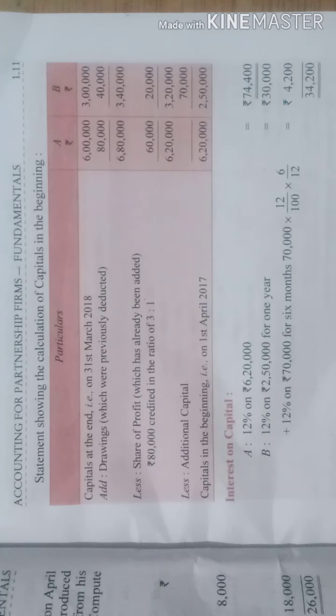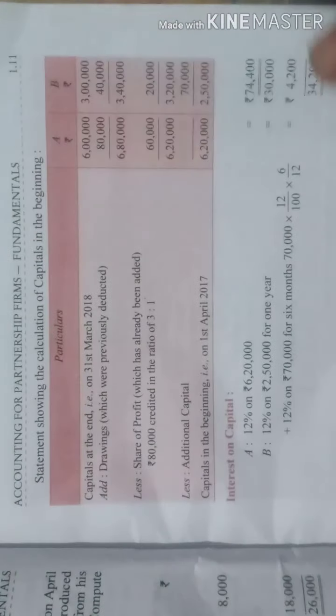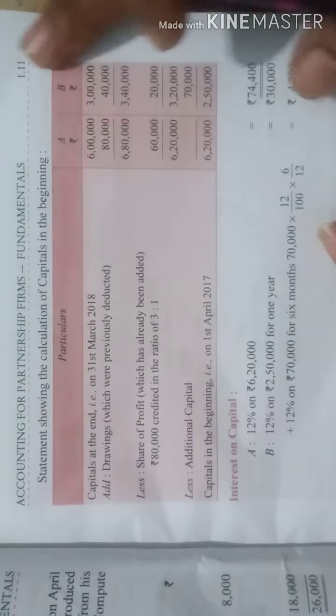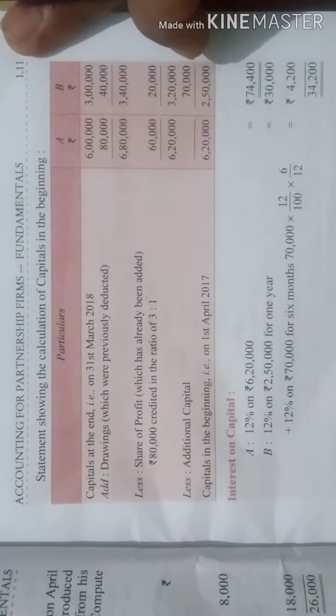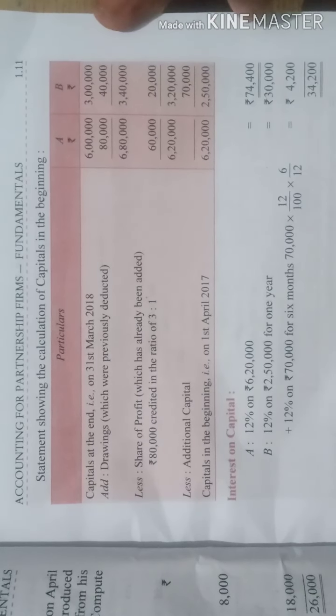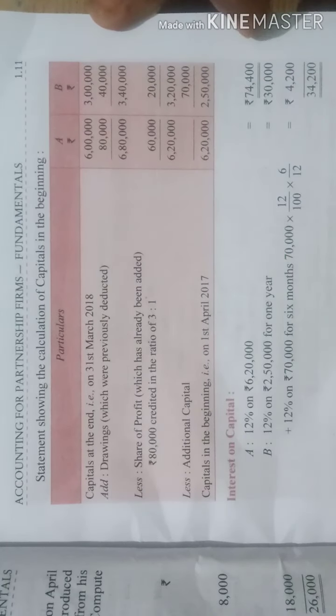At the time when you have received the capital at the end of the year, you will solve flatly, that means whatever new introduction is there, you will reduce it, and whatever drawings are there, you will add it. Later on at the end, if there is any further capital introduction, you will provide the rate of interest to that and add it in.